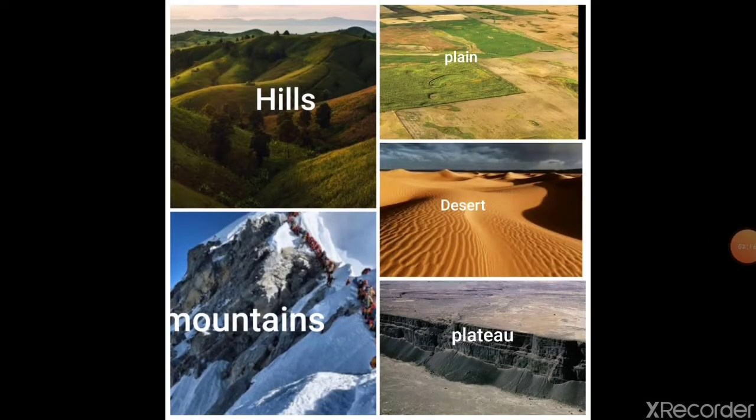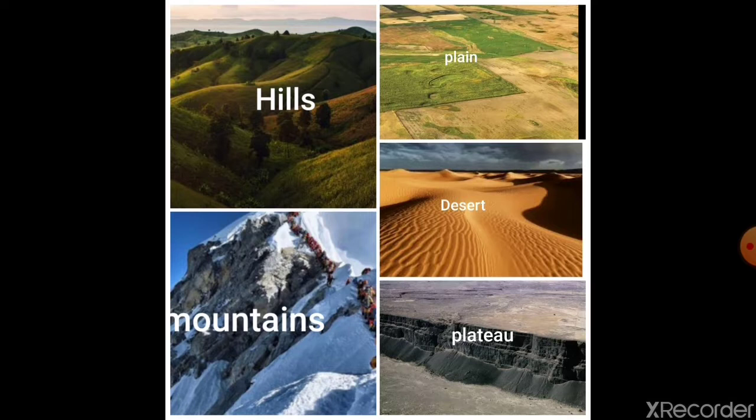See these pictures: mountain, hills, plain, desert, and plateau. Now, we will see about the plateau. A large area of land that is higher than the surrounding. The Deccan Plateau in South India is an example of a plateau.